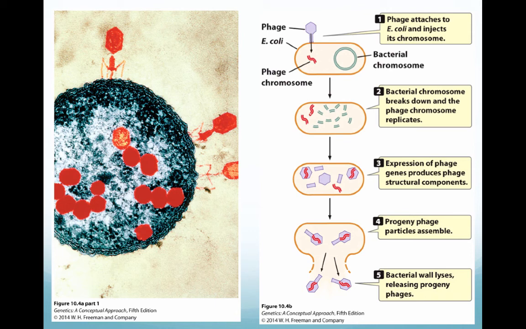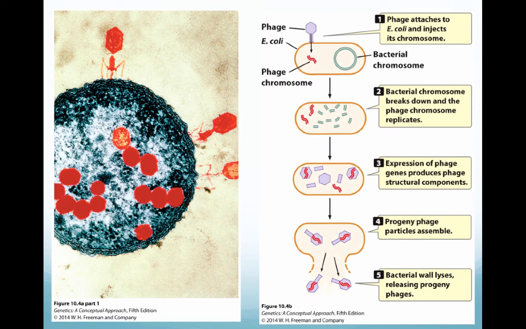So Hershey and Chase were able to grow up this batch of E. coli in a certain medium, and then actually were able to label the DNA of the phage with a certain marker called 32P.